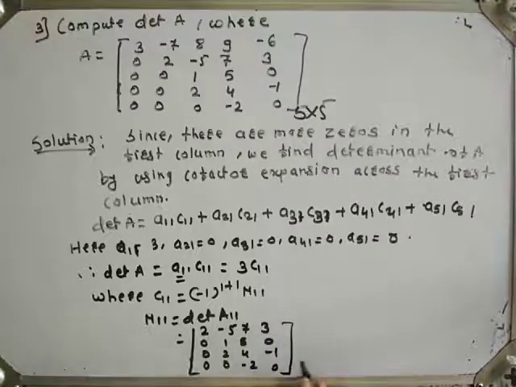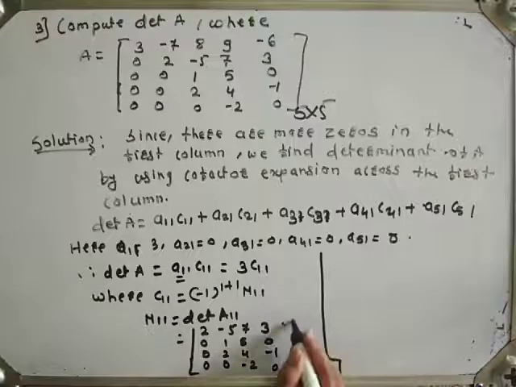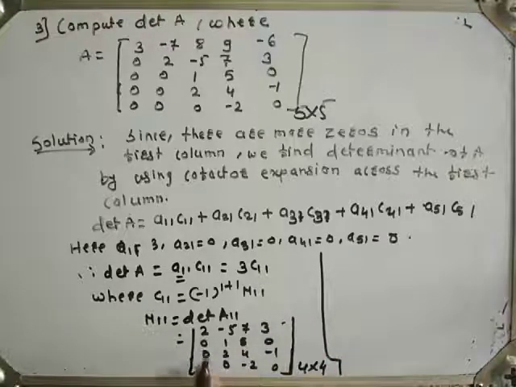This is a 4 by 4 matrix. Similarly as above, we have to find the determinant of the matrix.